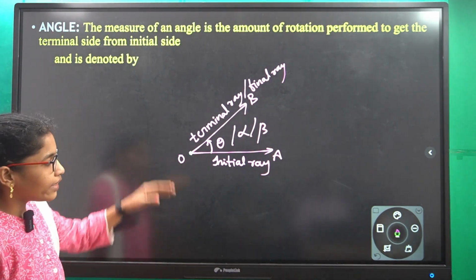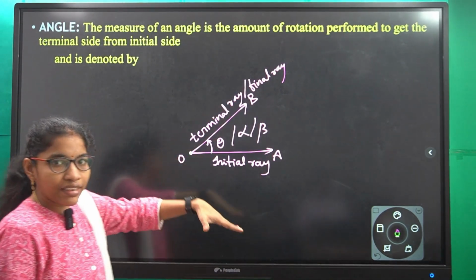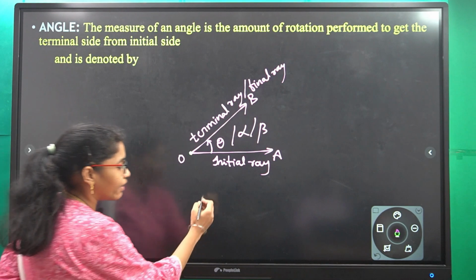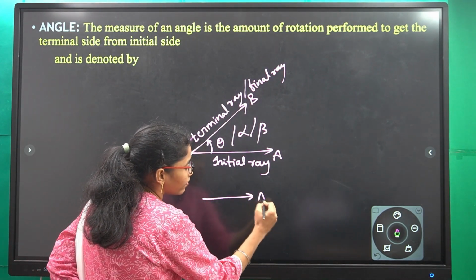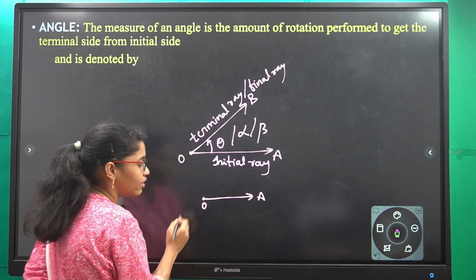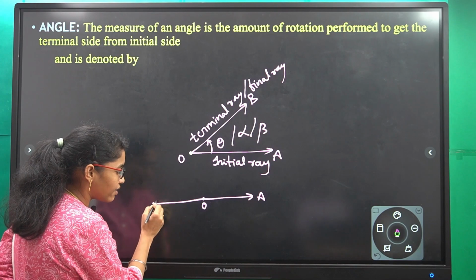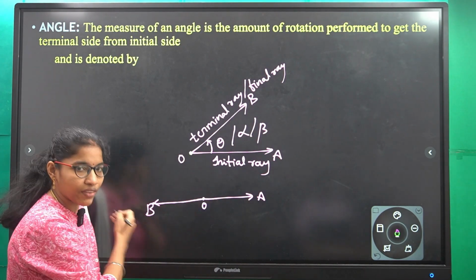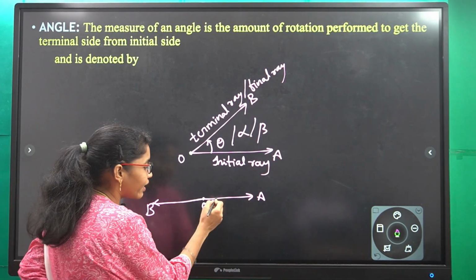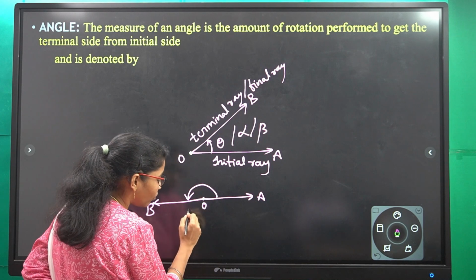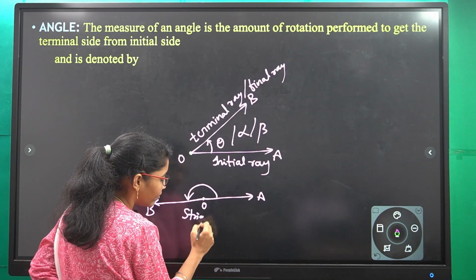Suppose this OB ray is on the opposite side of OA, like this. Then you can call this a straight angle.